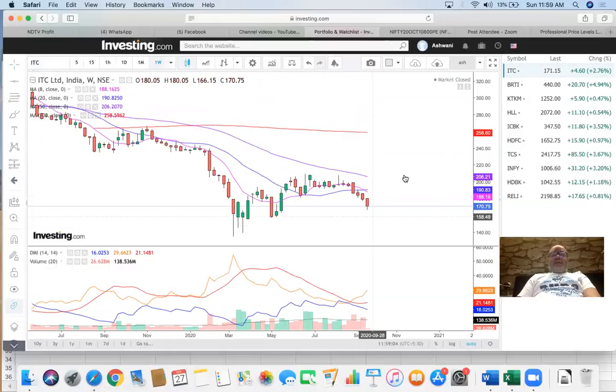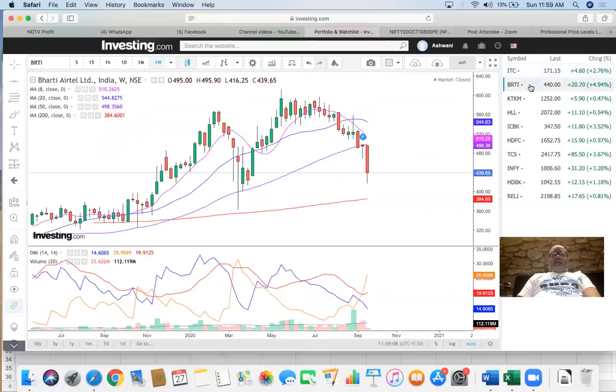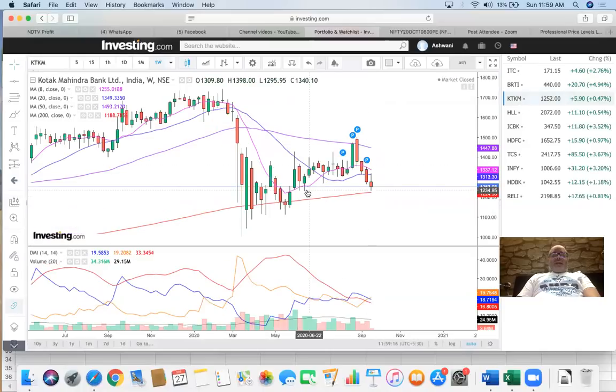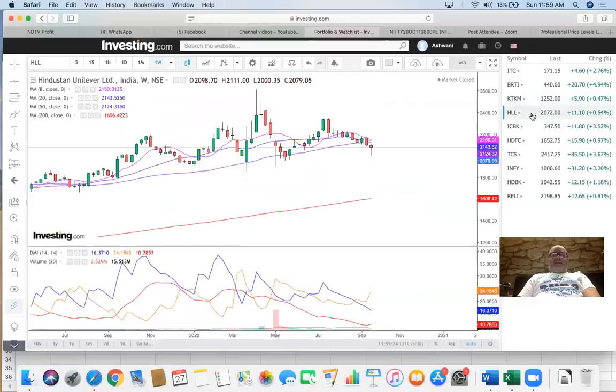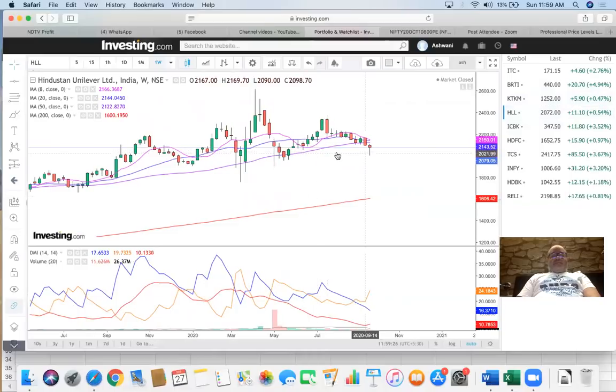ITC as usual, it is going nowhere. This is Britannia. See how it is collapsing down. Kotak Mahindra Bank, strong downside almost at the 200-week moving average. HUL, nothing, basically sideways.